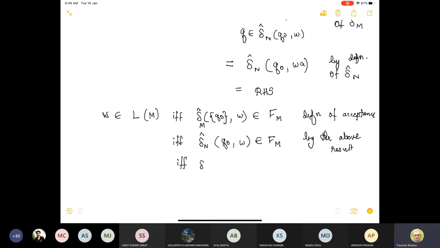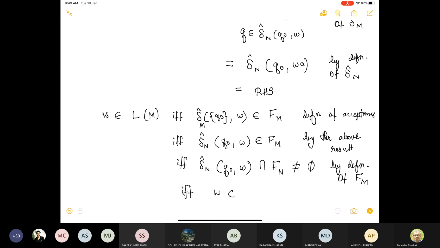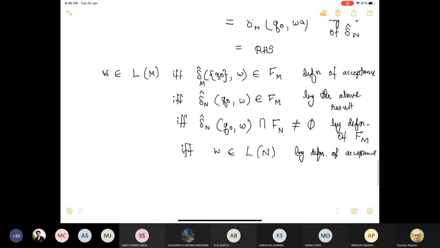So this is the same as saying, by definition of FM, acceptance by an NFA N, and this is via DFA.